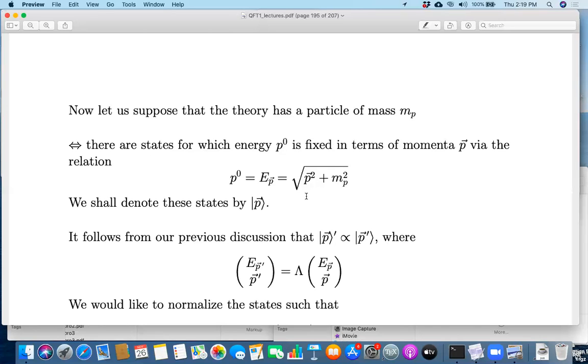If this is true in a given theory, we'll say that the theory has a particle of mass mp. And we'll denote these states, which we'll call the single particle states, by their momentum eigenvalue P, because once the momentum is fixed, the energy is fixed for this class of states.